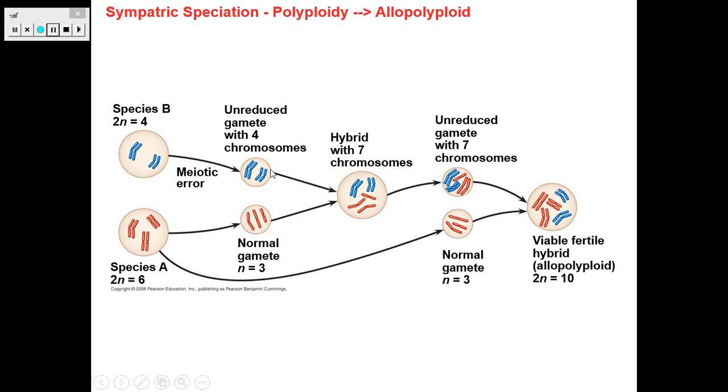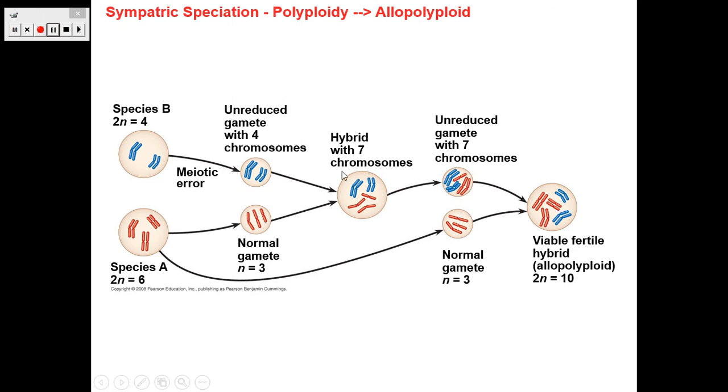It's still 2N. Then I have species A that produces a normal gamete, and it's got an N number that equals 3. So I have 3 chromosomes. And so when those two combine and form a hybrid, that hybrid has 7 chromosomes. So nothing pairs up properly. So I have no homologous chromosomes.